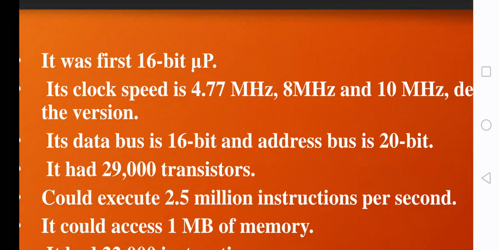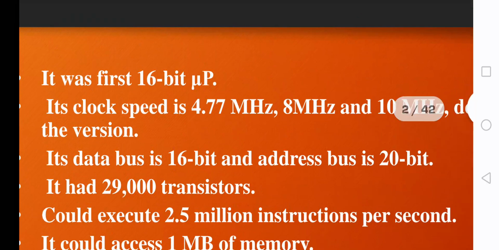Each and every processor has its own specification of data bus and its own address bus. As far as the 8086 processor is concerned, it also has a data bus and an address bus, and there is another category of bus called the control bus, and all the bus related information I will tell you later.